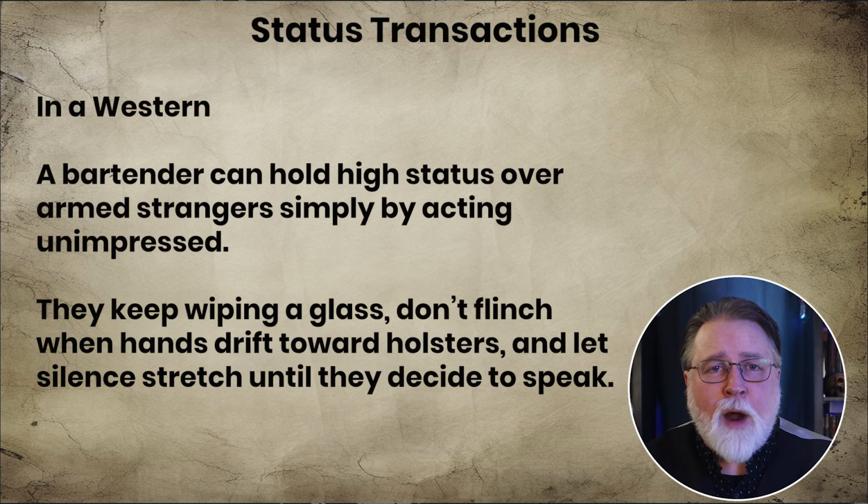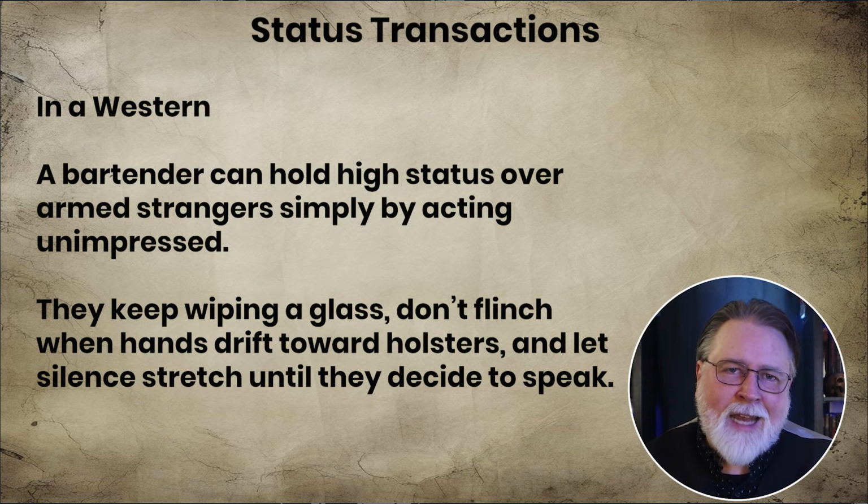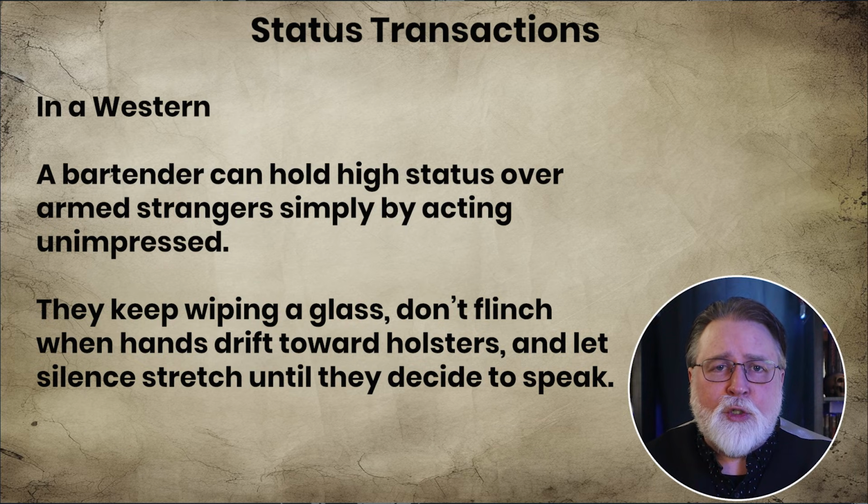In a Western, a bartender can hold high status over armed strangers simply by acting unimpressed. They keep wiping a glass. They don't flinch when hands drift towards holsters, and they let silence stretch until they decide to speak. The message is clear. Violence would be inconvenient, not frightening.